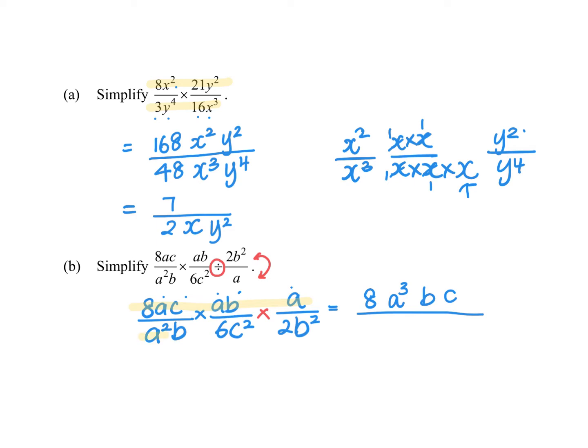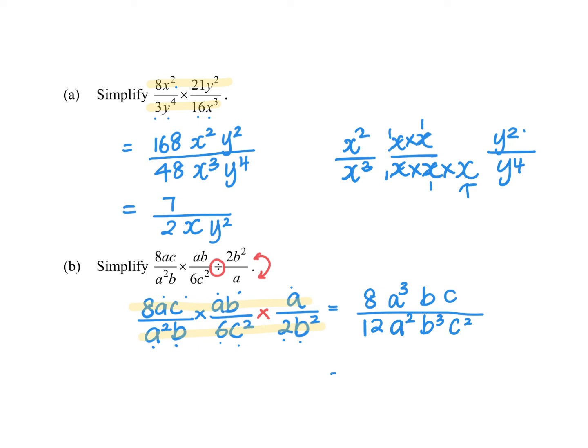Multiplying the denominator: numbers first, 6 times 2 gives 12. Then a squared, no more a's. b times b squared gives b to the power of 3. c squared stays on its own.